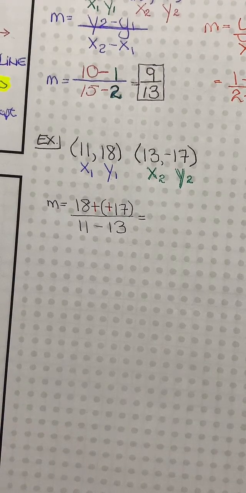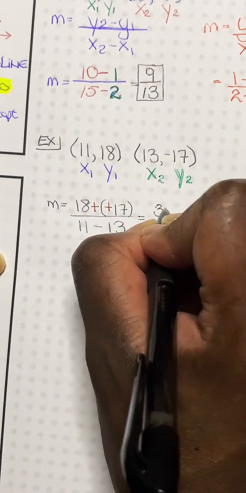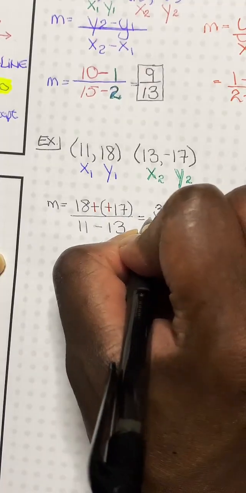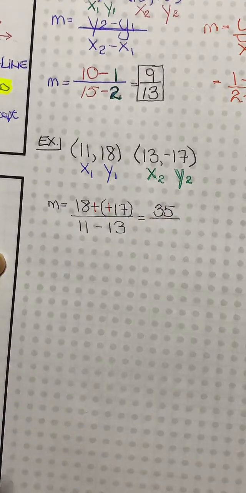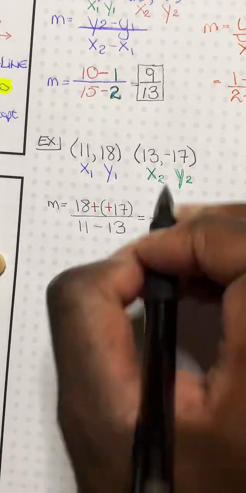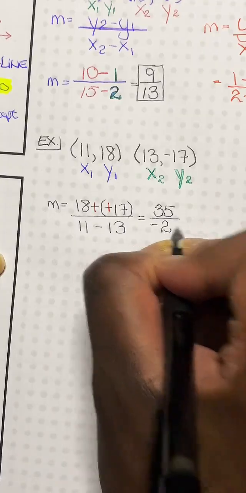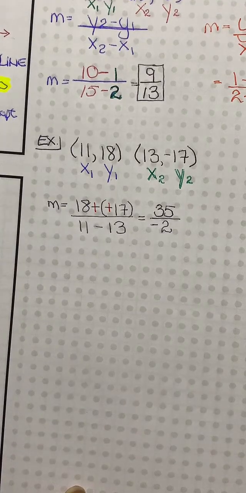That means we have 18 plus 17, so that's where our 35 is coming from. And then 11 minus 13, that's where our negative 2 is coming from. Okay, good. And Michael got negative 35 halves as well. Good.